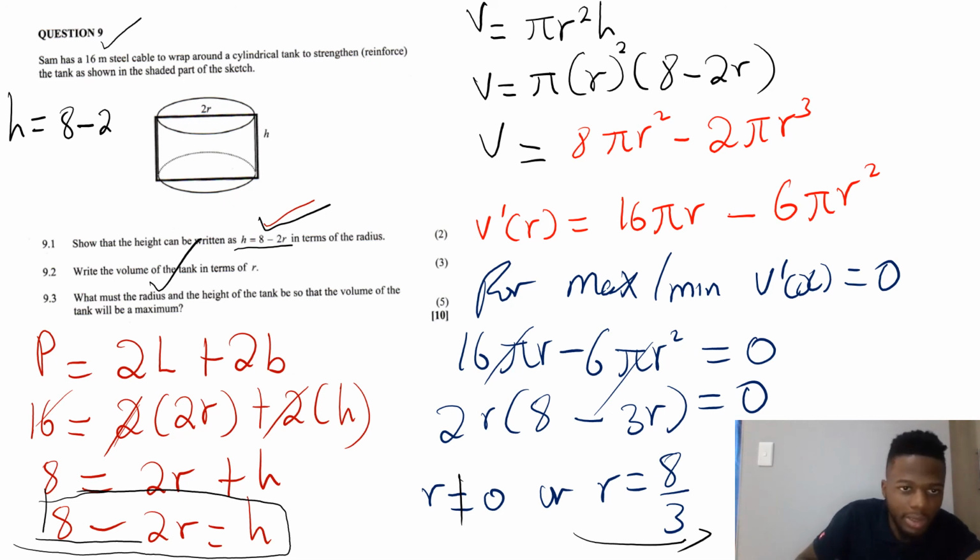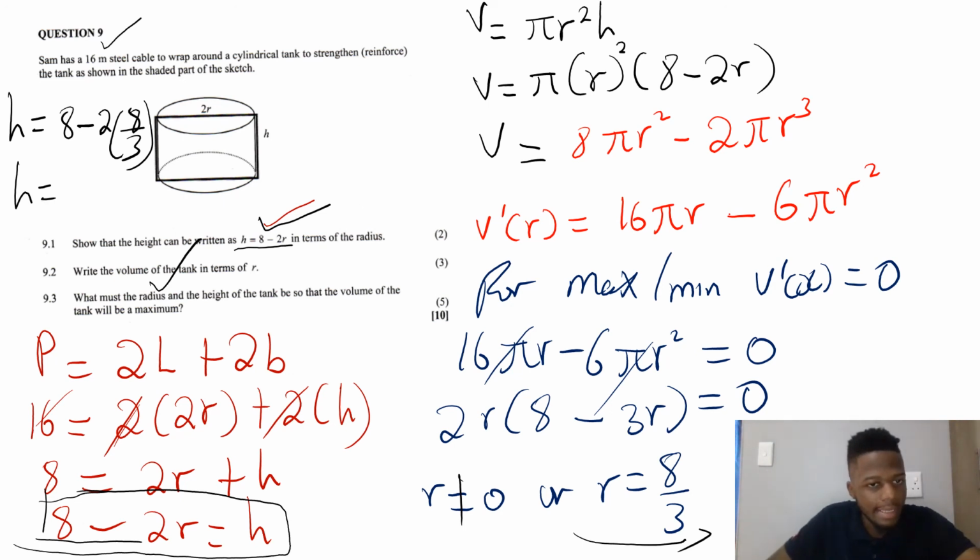Our r is 8 over 3, so write 8 over 3. Then we have to simplify everything. This is going to give us 8 minus 16 over 3, which ends up giving us 8 over 3. This is in terms of meters. So our height is also equal to 8 over 3 meters. Then we are done with this question.